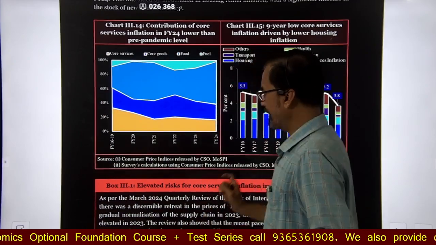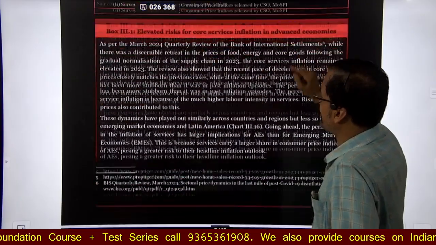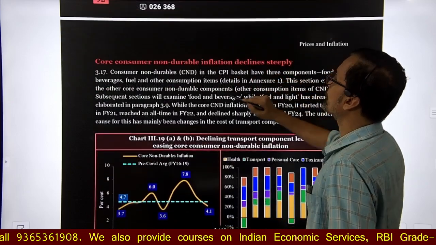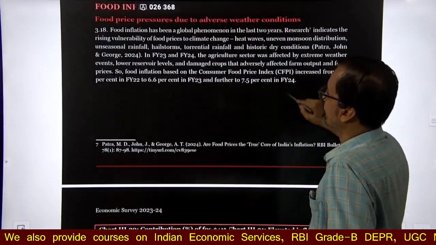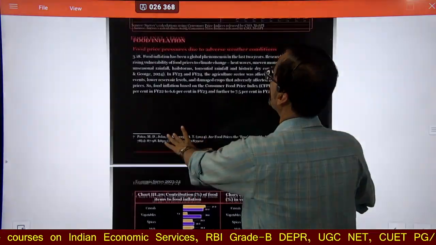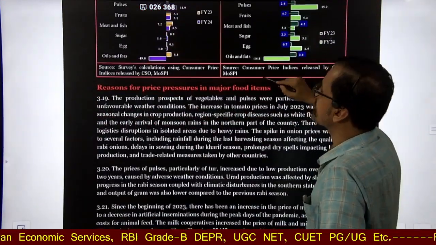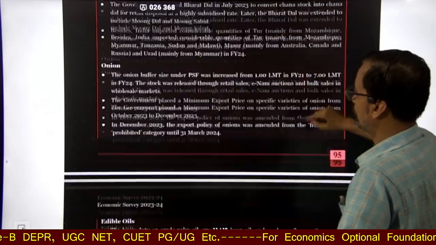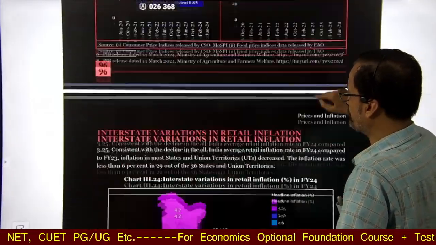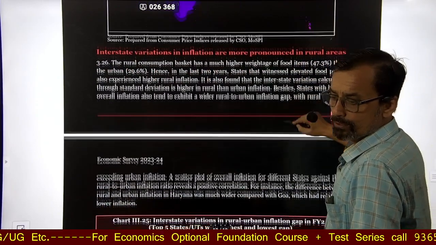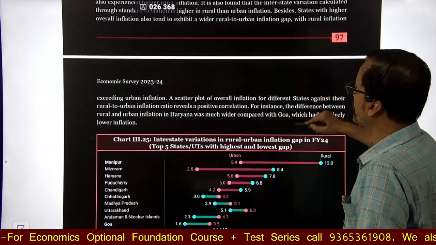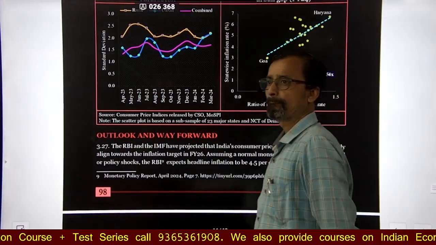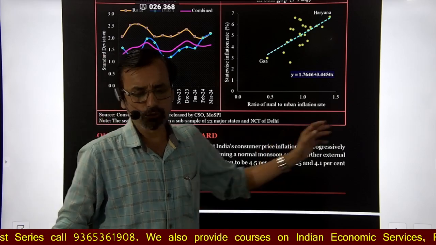And next, one important thing we need to understand here: the reason for price pressure in major food, global food prices and domestic food inflation. How is Indian domestic food inflation correlated with global food prices?